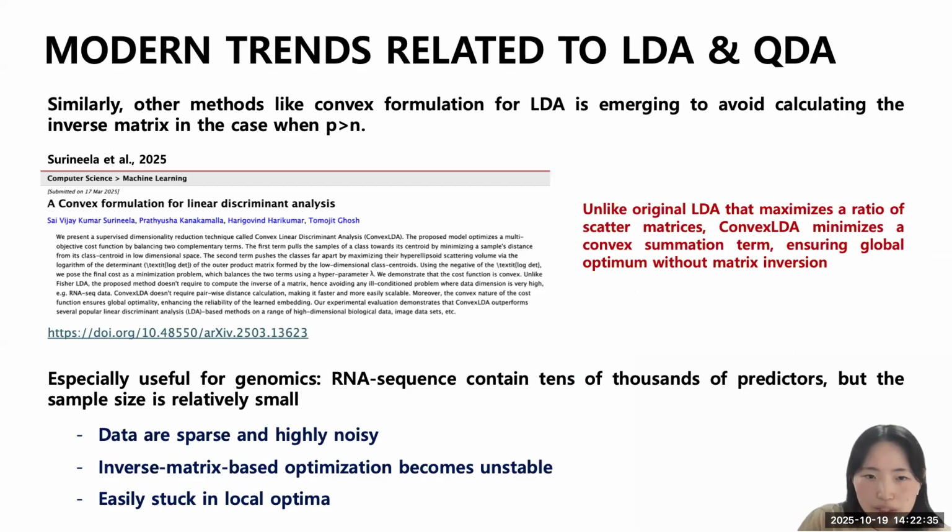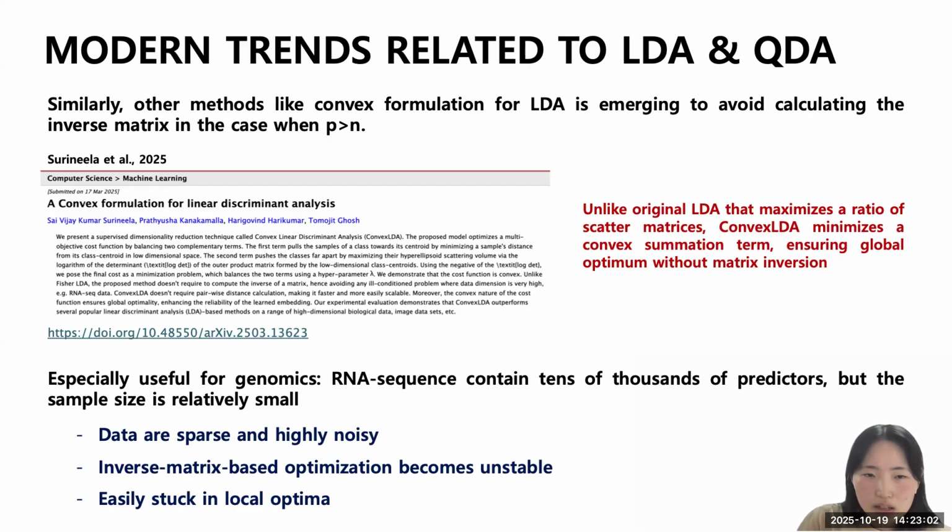Similarly, other modern approaches like convex LDA reformulate the LDA objective to avoid matrix inversion, especially when the number of predictors exceeds the number of samples. Unlike the original LDA, which minimizes the ratio of scatter matrices, convex LDA minimizes a convex summation term, ensuring a global optimum without inverting any matrix.